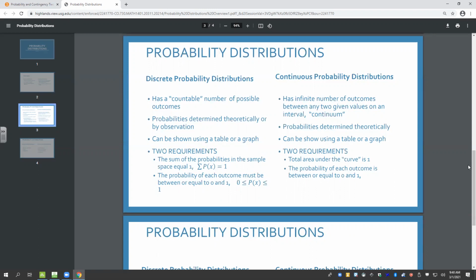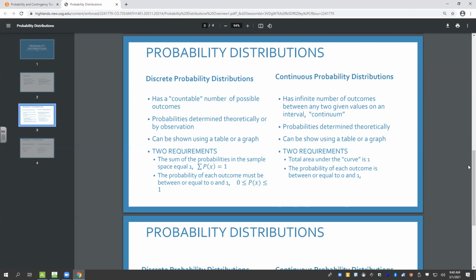Discrete, remember, means you have a countable number of outcomes. Like when we flip a coin, we know there's two things that can happen. When we roll a die, that six-sided cube, we know there are 6 things that can happen.